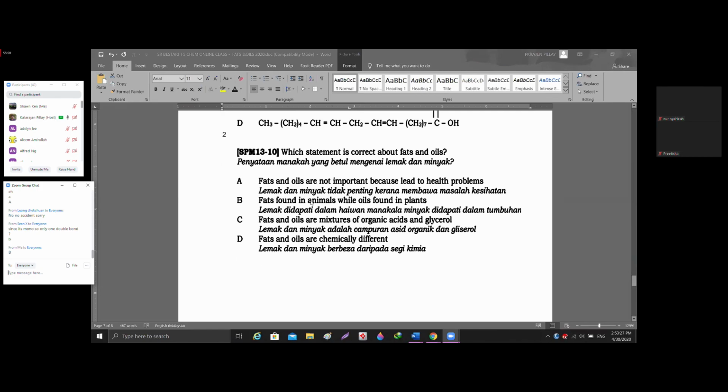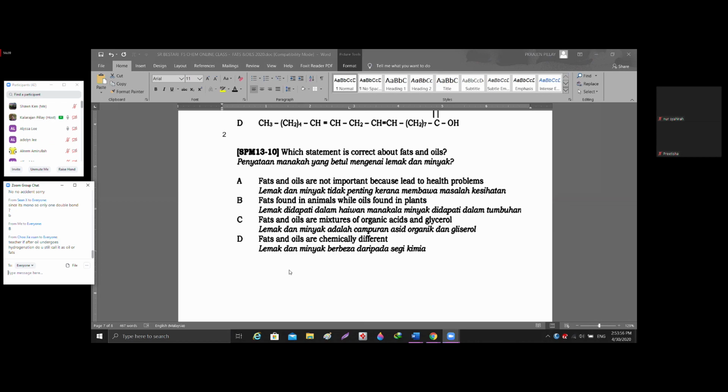What about C? Satish, what do you think? Why is C wrong? Because they are organic carbon compounds? No, not really.